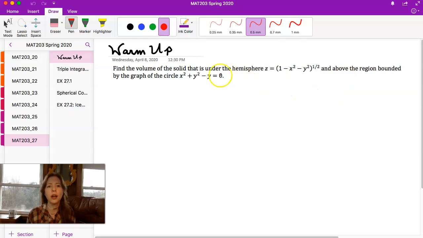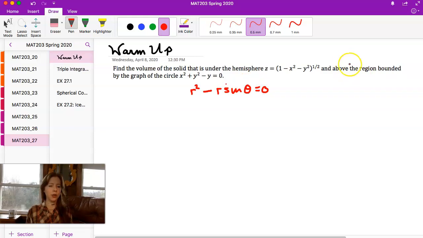Starting by looking at the graph of the circle, x squared plus y squared converts to r squared, and y becomes r sine theta. So it's r squared minus r sine theta is equal to 0.